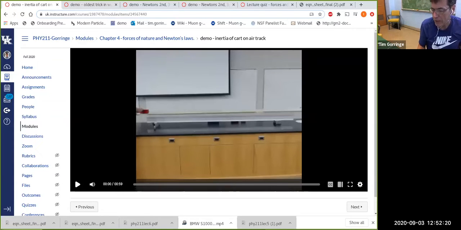It's pretty low budget, I'm afraid, but we're going to demonstrate the fact that in the absence of forces, an object will continue moving with the same velocity. Its motion won't change, and that's Newton's first law.